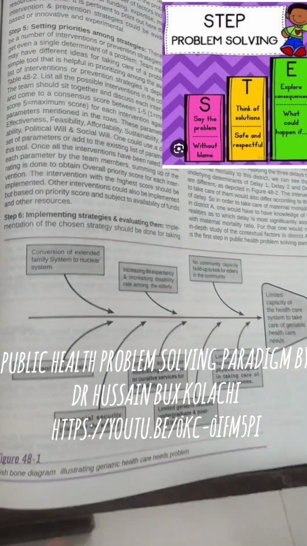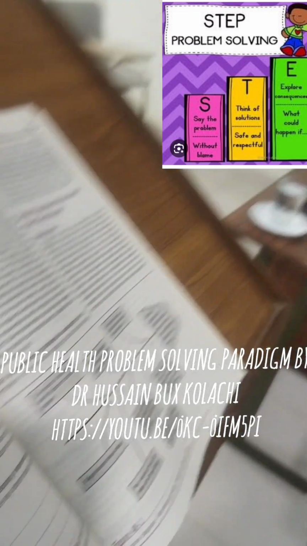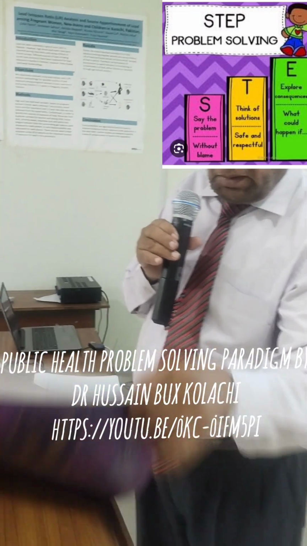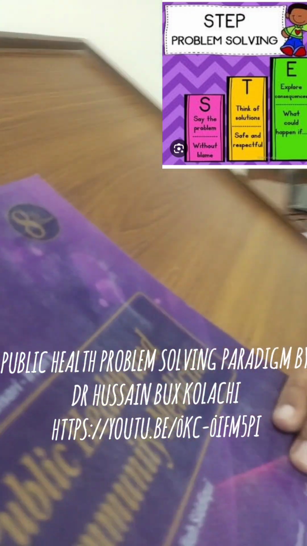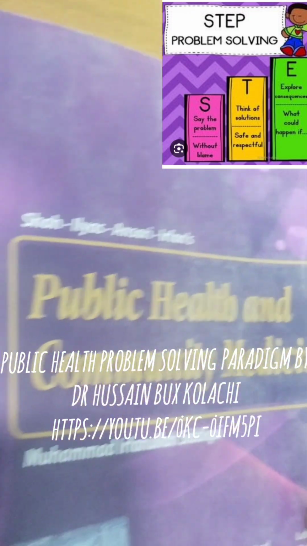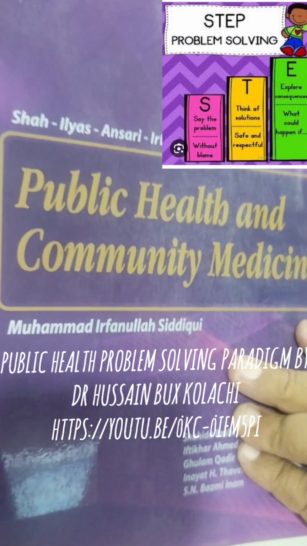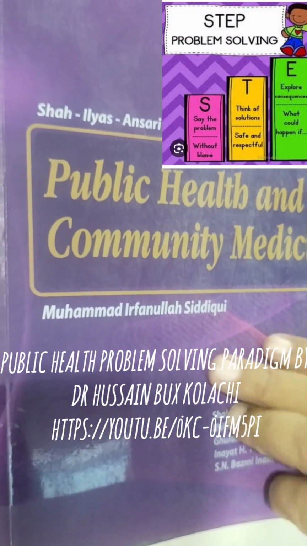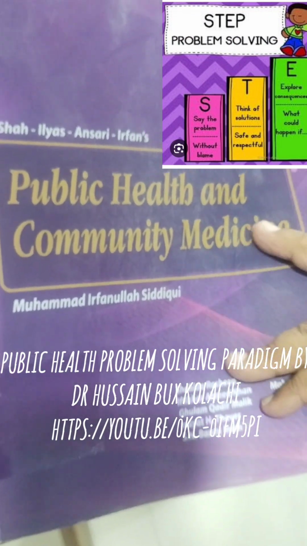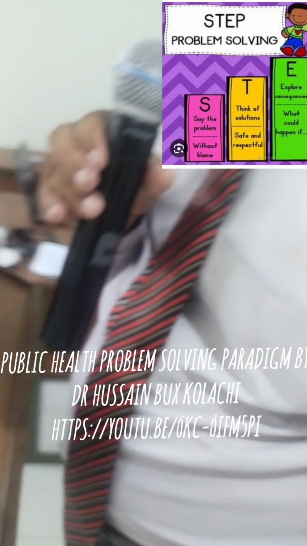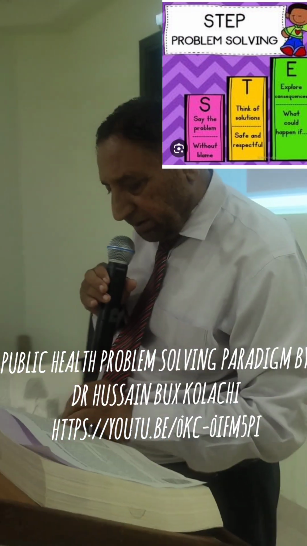We will also show the fishbone chart in our slides, and these are the 7 steps. This is the book I am referring to in this lecture. It is the 8th edition, previously written by Ilyas Ansari Shah, and now Irfan Mullah Siddiqui is the editor. We are delivering this lecture at Isra University for MCPS students.